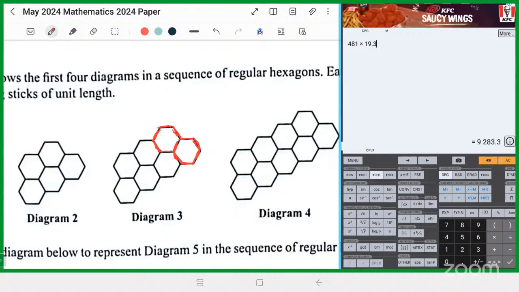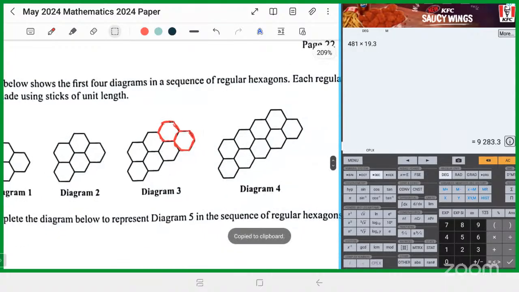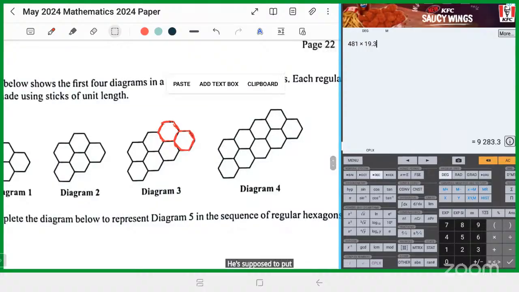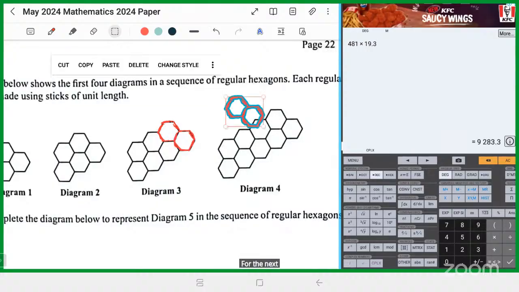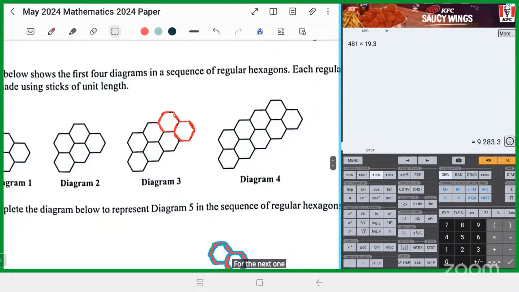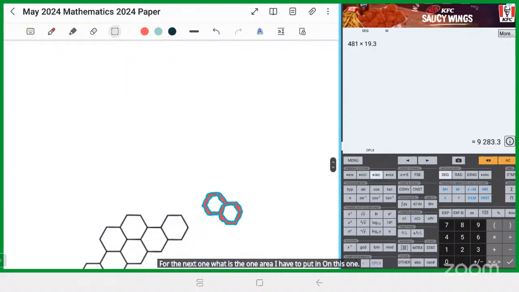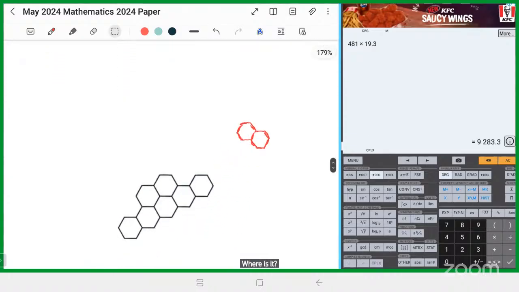So this is what is added to each shape. I'm going to copy this down as I can and put it on top here for the next shape. But we have to fill up these spaces first.